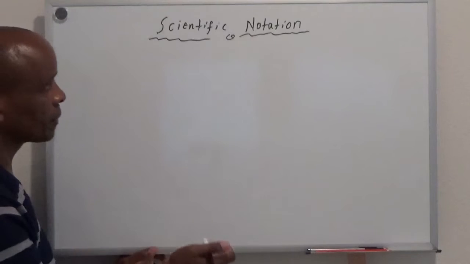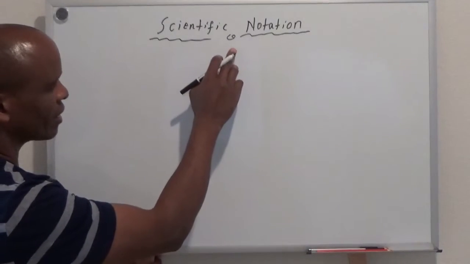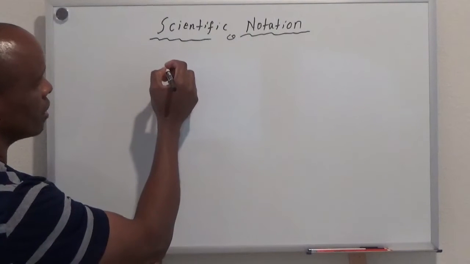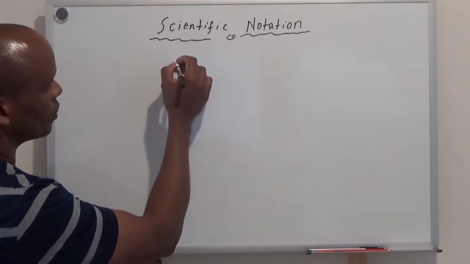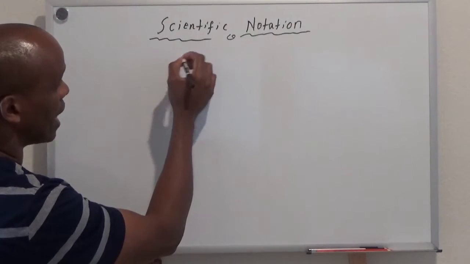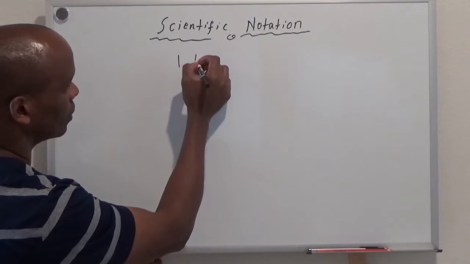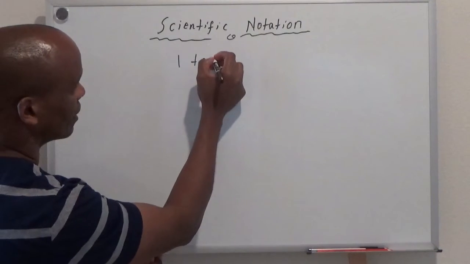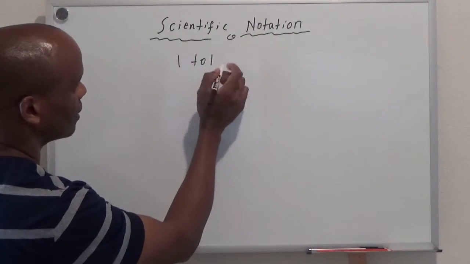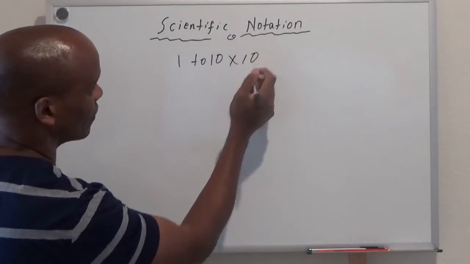Scientific notation is writing a number as a product of a number between 1 to 10 multiplied by 10.